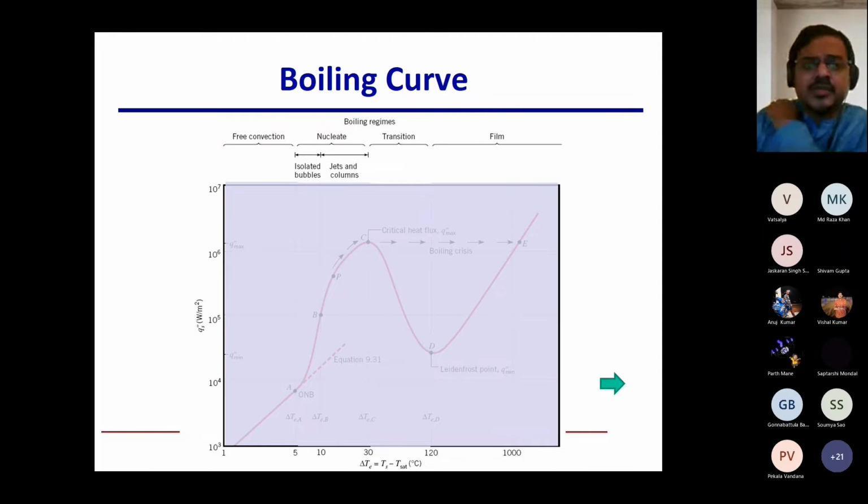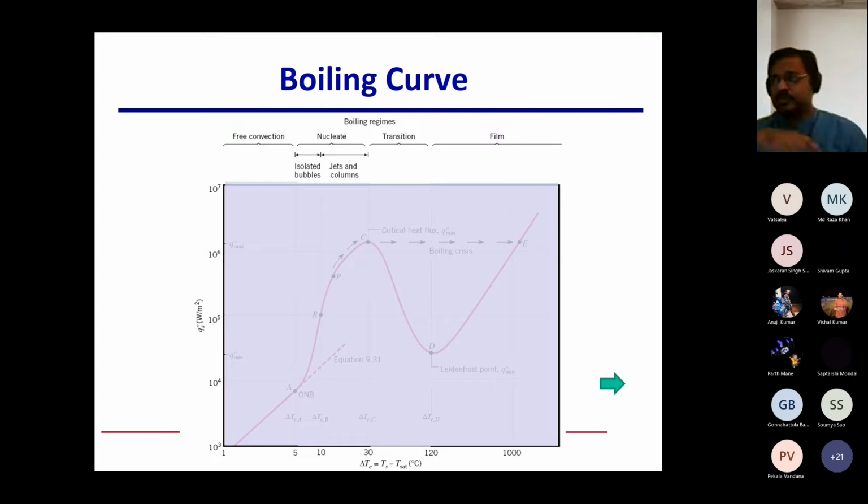Okay. So imagine that you are boiling liquid in a vessel. And slowly the temperature of the vessel at the bottom is rising. Now for boiling to happen, the temperature of the heated surface must be above the saturation temperature, which is the boiling point.